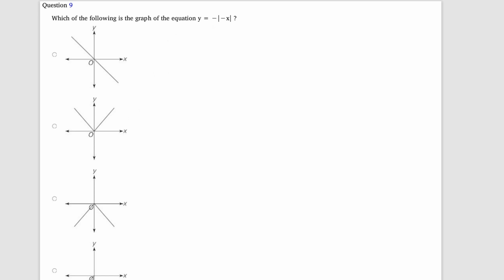Next question. Which of the following is the graph of the equation y equals negative the absolute value of negative x? Okay, these questions are getting a bit harder now. The key thing to realize here is that no matter what value of x I have inside the absolute bracket, and no matter the fact that I'm timesing it by a negative, all of that is irrelevant because the absolute value brackets that you can see here and here will turn it to be positive.